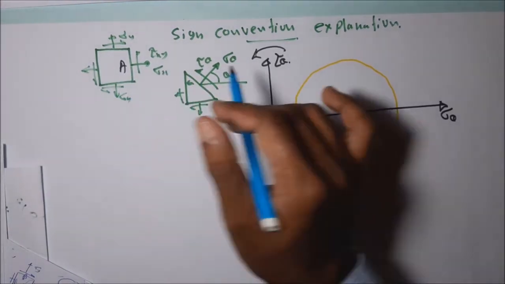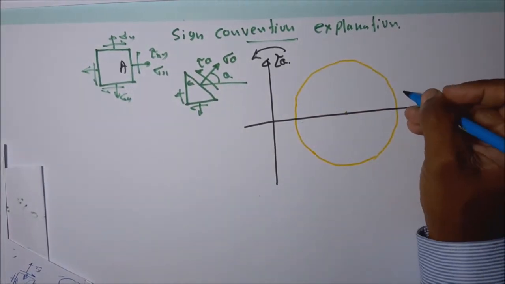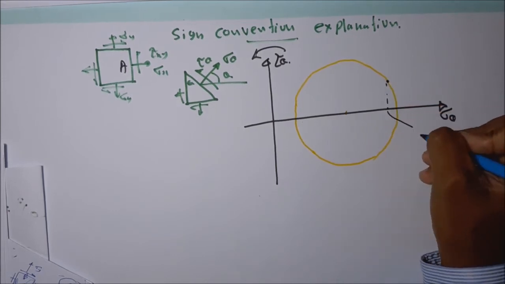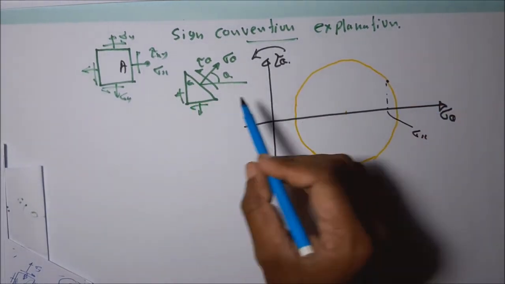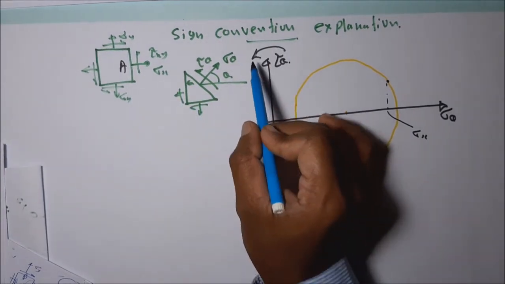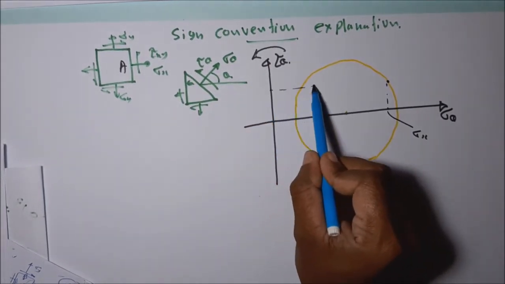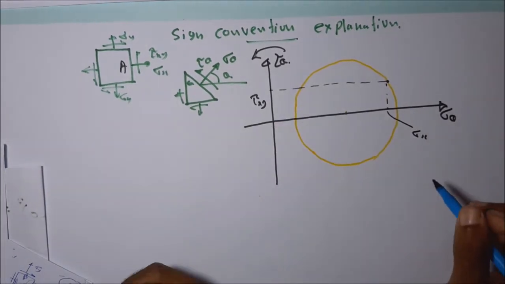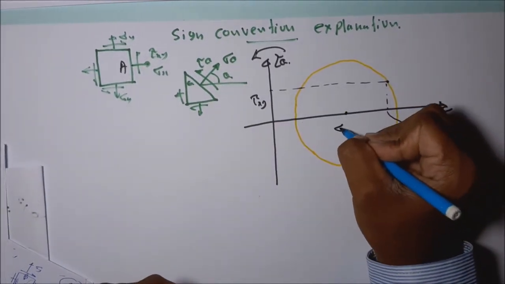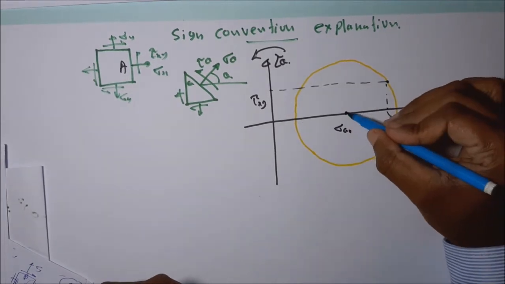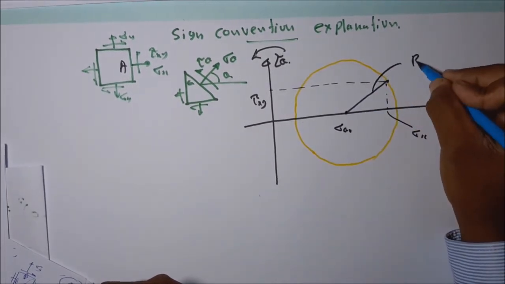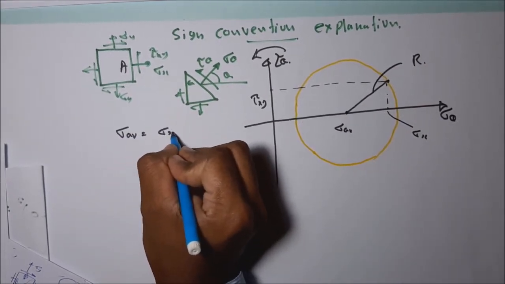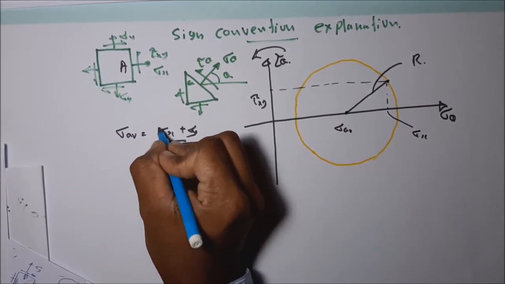The normal stress sigma x is somewhere in this kind of position, then tau xy, according to our sign convention, is positive. This is sigma average, this is r, and sigma average is equal to sigma x plus sigma y divided by 2.